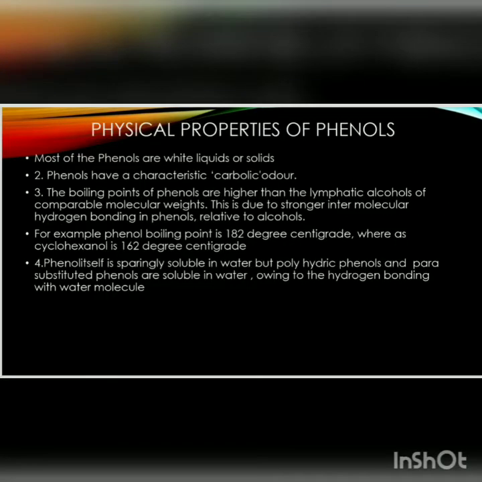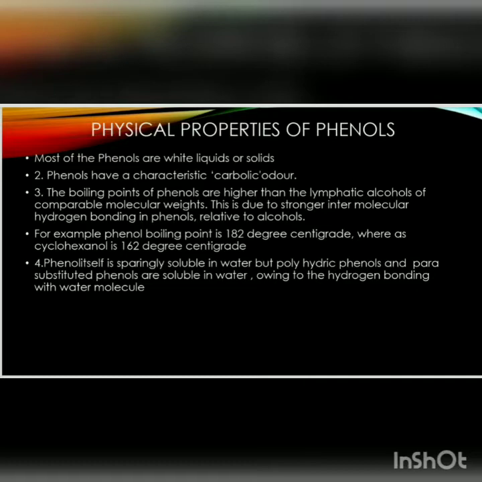Next one is the properties of phenol. We have two types of properties, physical properties and chemical properties. First, physical properties of phenol. First, most of the phenols are colorless liquids or solids, although they are often found to contain a red tint owing to the presence of oxidation products.